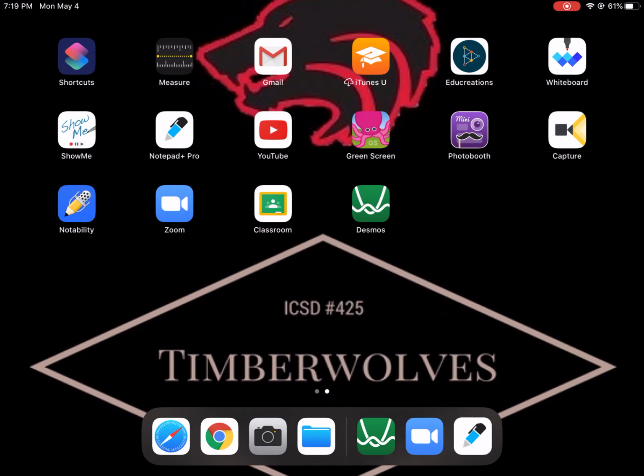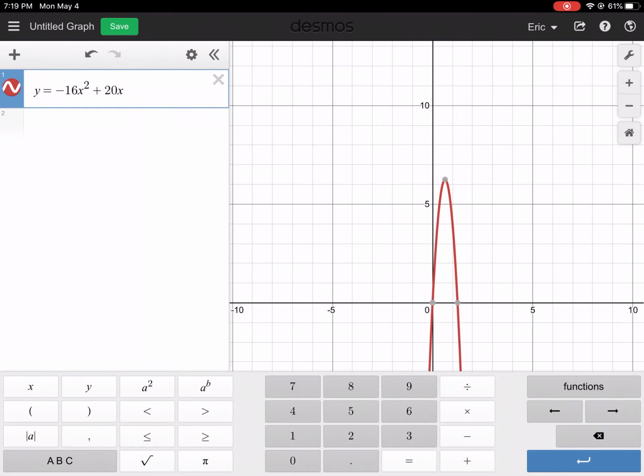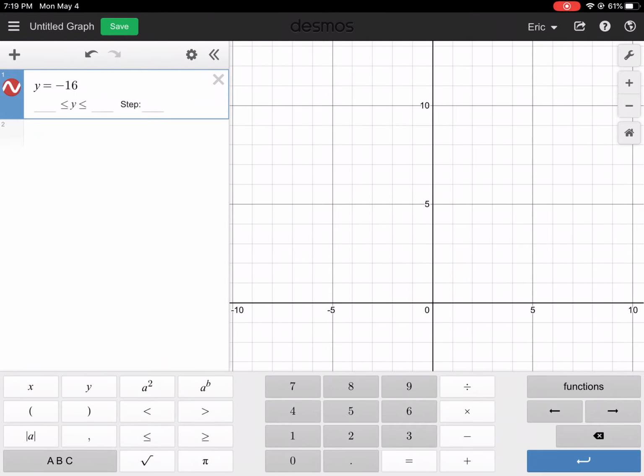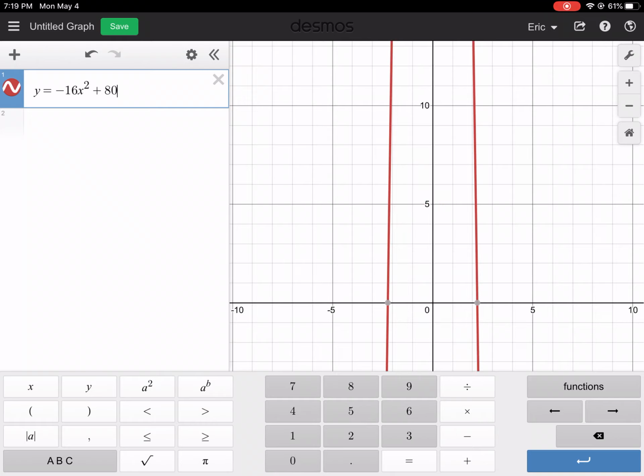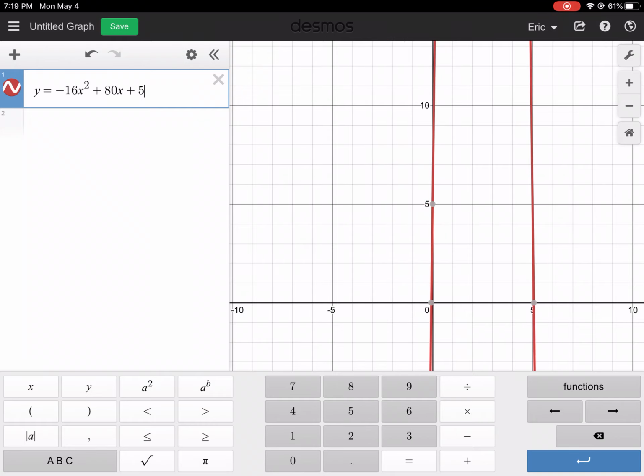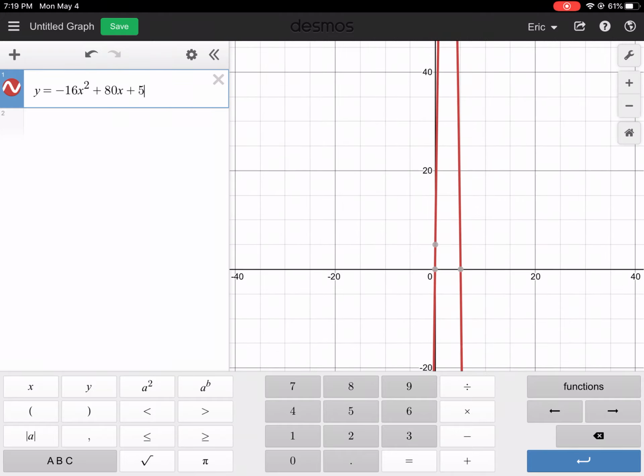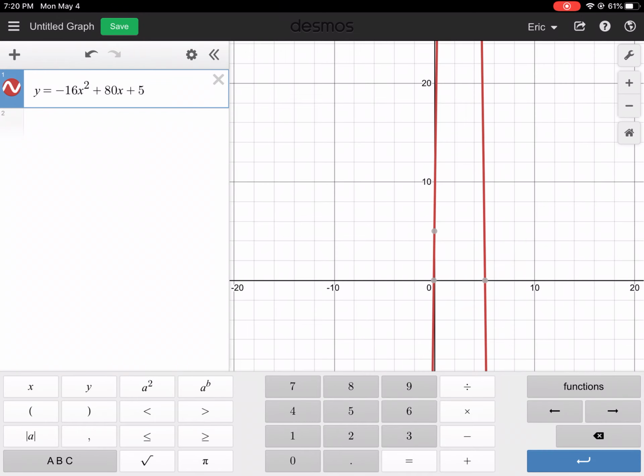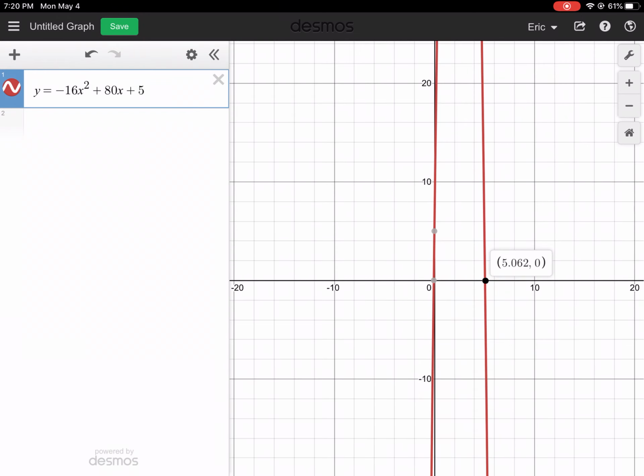So we're going to go to Desmos and put in y equals negative 16x squared plus 80x plus 5. You don't really need to zoom out or in, but it is a parabola. If you just touch there, it is how long the baseball is in the air. It goes up and down, and that is 5.062 seconds.